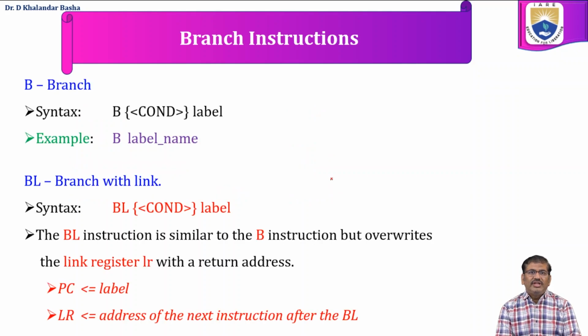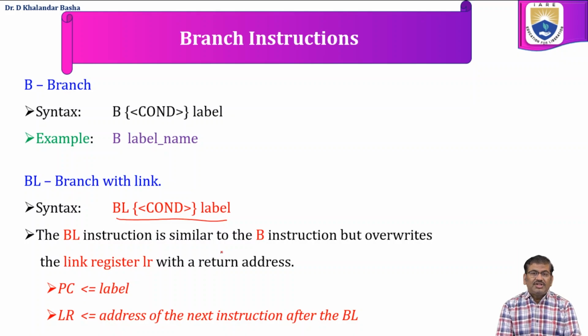The syntax for the branch instruction is B{optional condition} label. So it will jump to the label specified whenever the ARM processor encounters this instruction, without checking any condition.